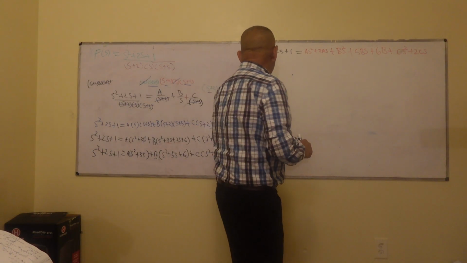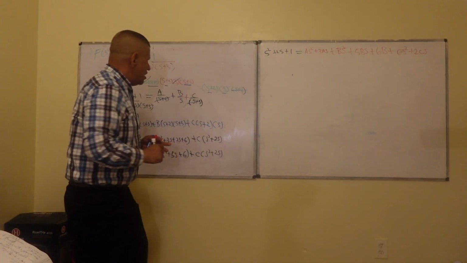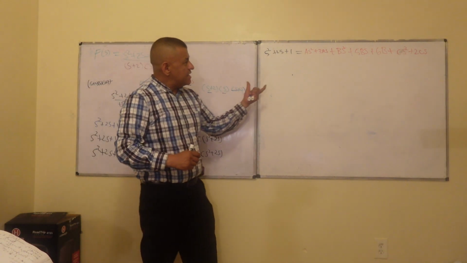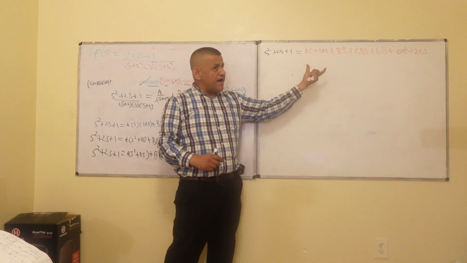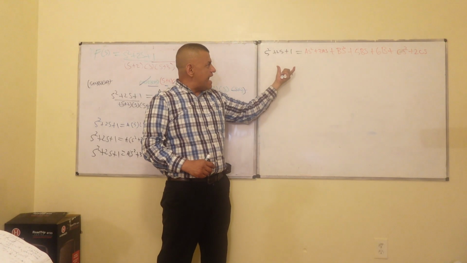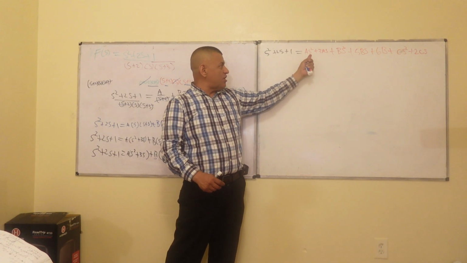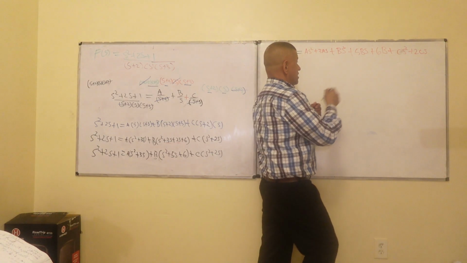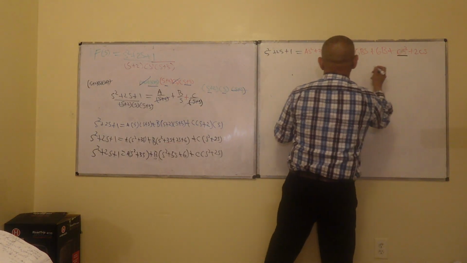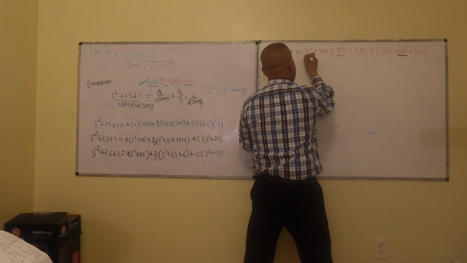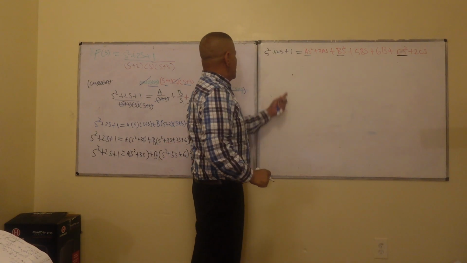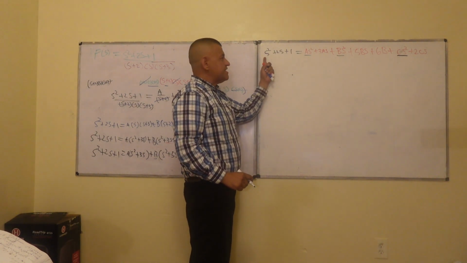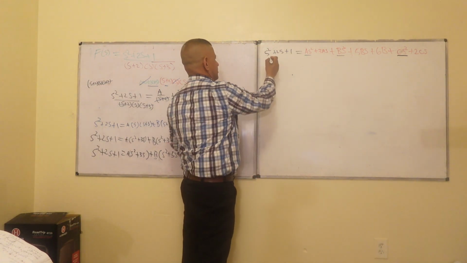Okay, so now I got this, right? Now I need to look to my right and look to my left. What do I have? I got an s squared over here, some terms are s squared. I got an s squared here, another s squared here, another s squared here. I look to my right. Do I have an s squared? Yes, I got an s squared.